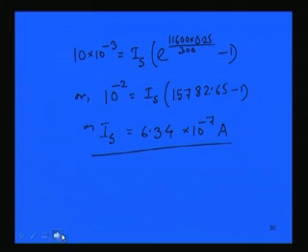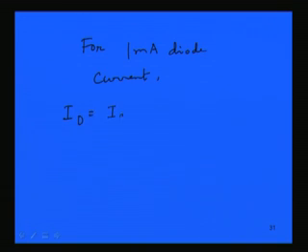Now, the next part of the problem is when 1 milliampere diode current is flowing. For 1 milliampere diode current, we have to again write this equation, ID equal to Is into e to the power k Vd by Tk minus 1.